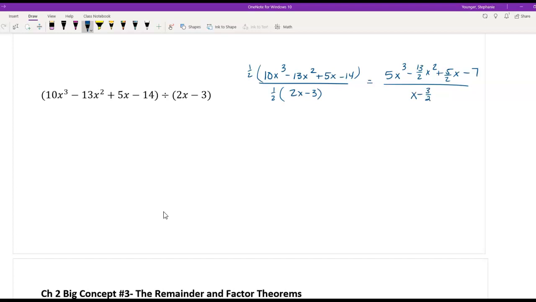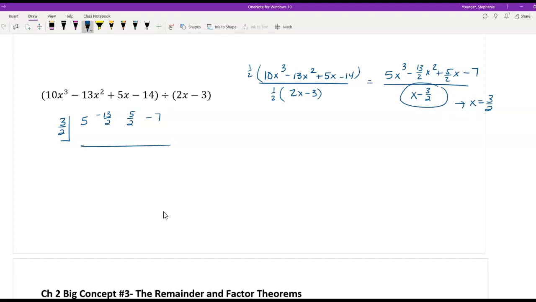So now, when I set this to 0, I have x equals 3 halves. So I'm still going to come over here and have 3 halves, but my new coefficients are 5, which is a smaller number, negative 13 halves, 5 halves, and negative 7.